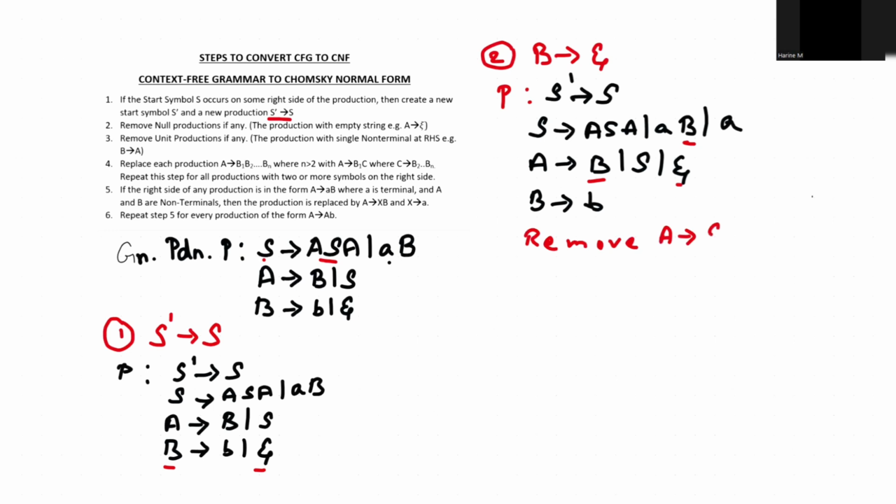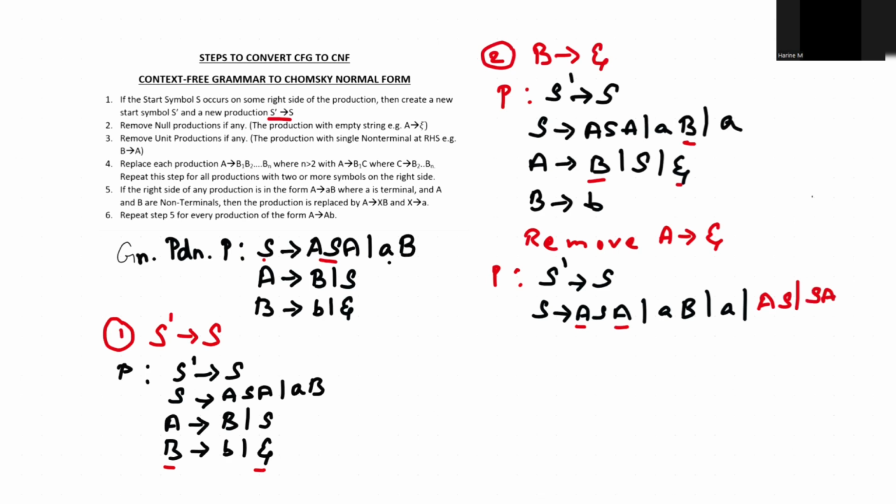Now the production will be S dash tends to S, where S tends to ASA or AB or A. Now apply A tends to epsilon here, then we get a new production AS, and apply A tends to epsilon here, then we get SA, and applying A tends to epsilon in both, now we get S. Then the production A will be A tends to B or S, and remove that epsilon. B tends to b.